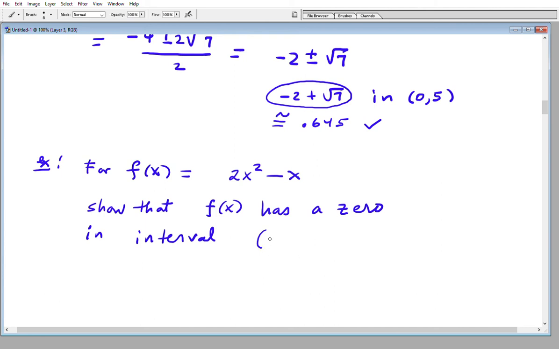Okay, let me do the interval. Just a minute. I want something very simple here. So I'm going to use another polynomial. I want to keep the numbers simple. Okay, so let's do this one.